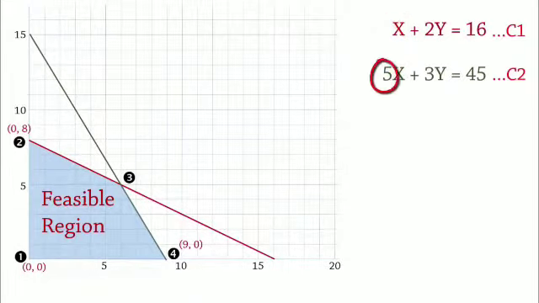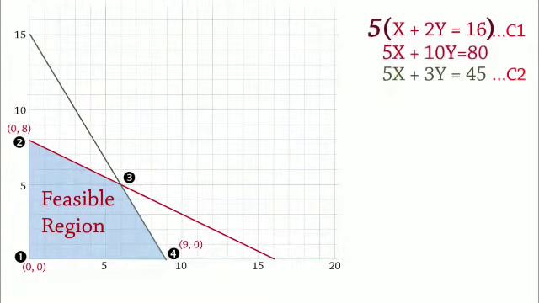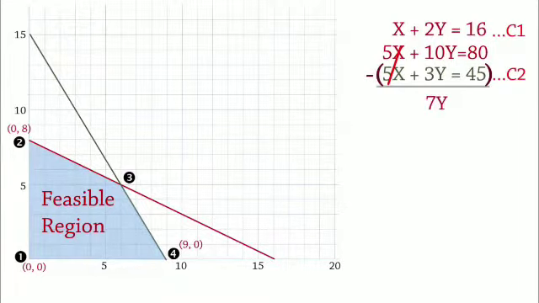Then I can simply multiply the first equation by 5 to give 5x plus 10y equals 80. And then we can subtract C2 from the new equation. So 5x cancels 5x, 10y minus 3y is 7y, and 80 minus 45 gives 35. And on dividing both sides by 7, we have y equals 5.